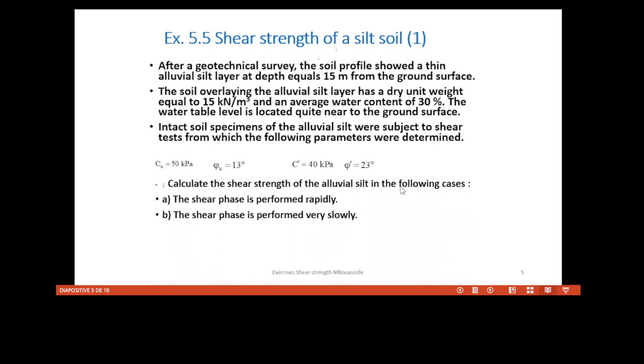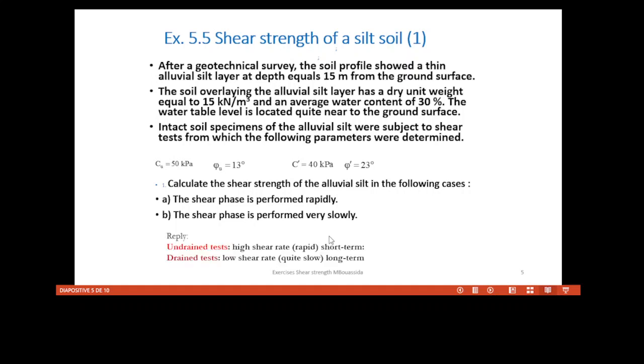The first question is to calculate the shear strength of this alluvial silt soil in the following cases. Case 1, the shear phase is performed rapidly. In case 2, the shear phase is performed very slowly.